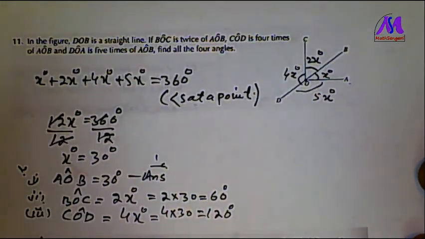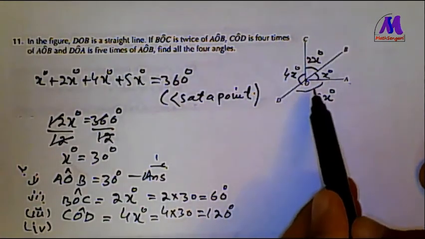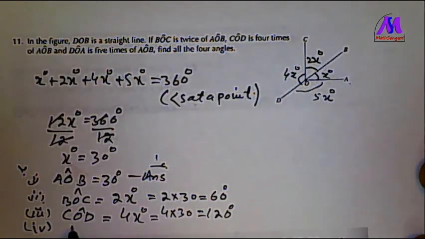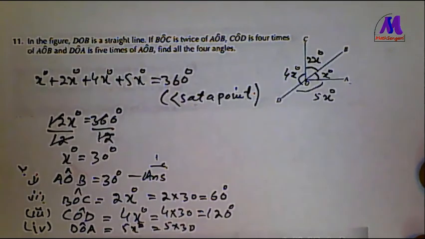And the last one, the fourth, which is DOA, will be equal to 5x degrees, which is 5 multiplied by 30, equal to 150.